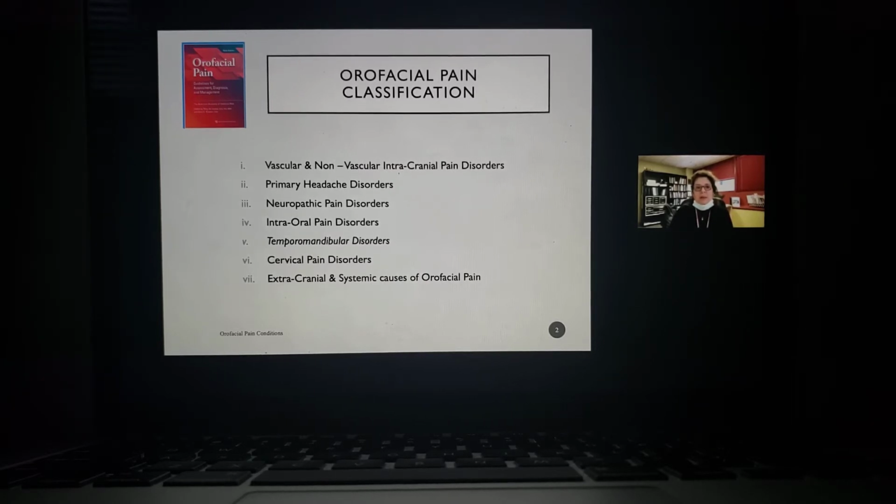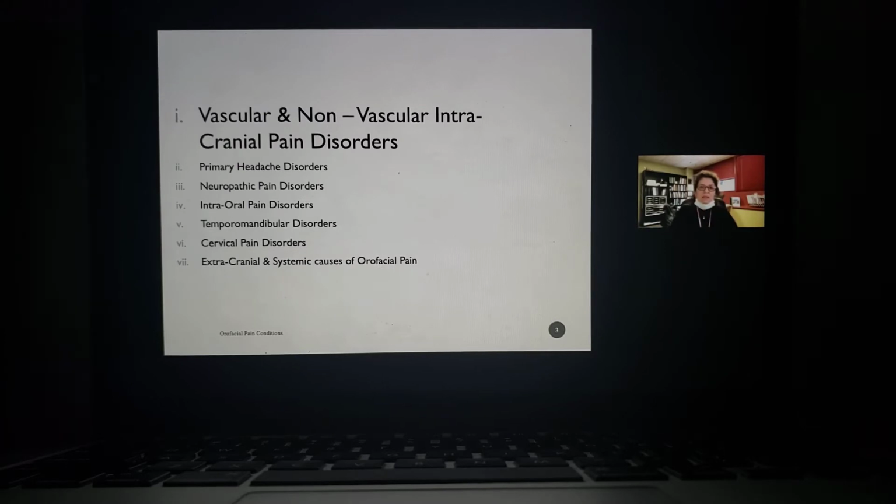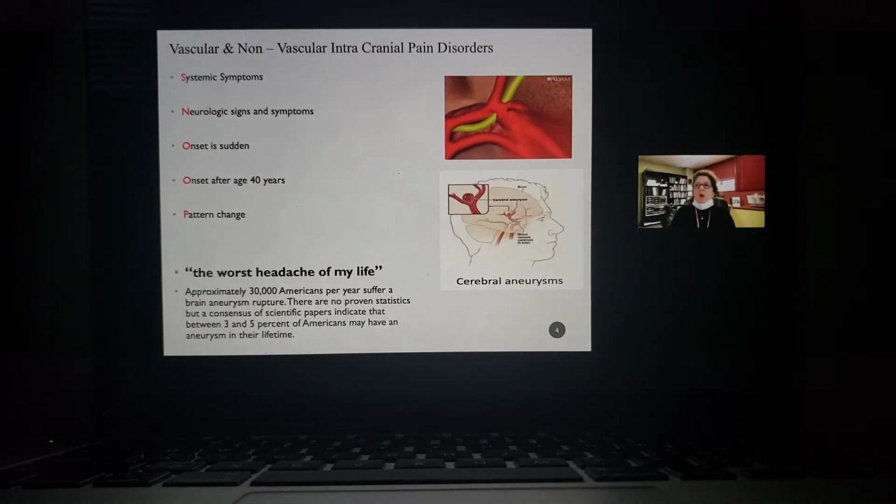So let's start with the vascular and non-vascular intracranial pain disorders. Probably the prevalence, or how frequently you will be exposed to intracranial conditions, is not going to be as high, mainly because these patients may be seeking care with primary care physicians.